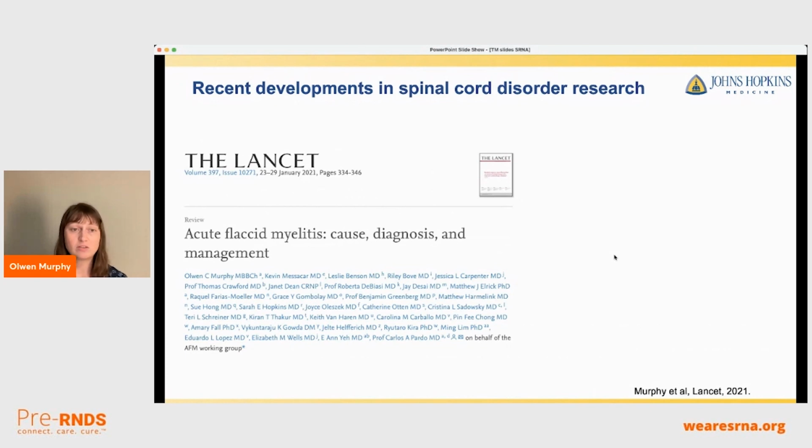And then acute flaccid myelitis is another disorder that affects many members of our community and their families. And this is an interesting disorder that's really only emerged over the last 10 years or so. It primarily affects children, and it can cause quite severe paralysis of the limbs and even other parts of the body, like the muscles of breathing.